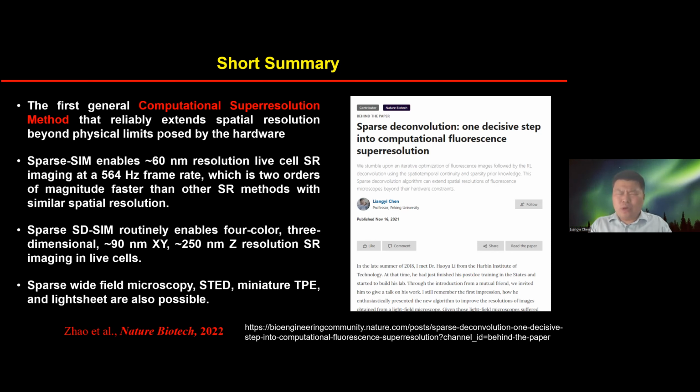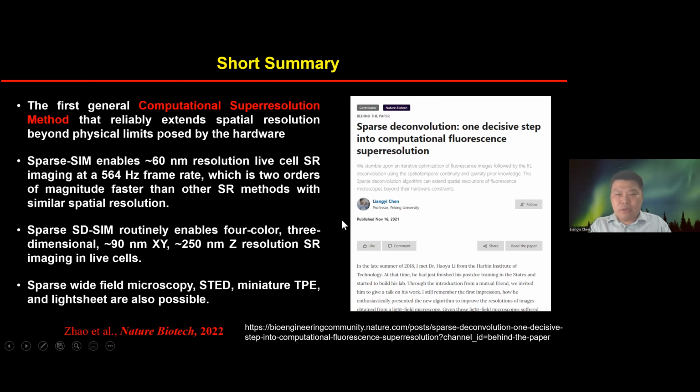And it can also be applied to other methodology, including light sheet, the data of which I didn't show here.